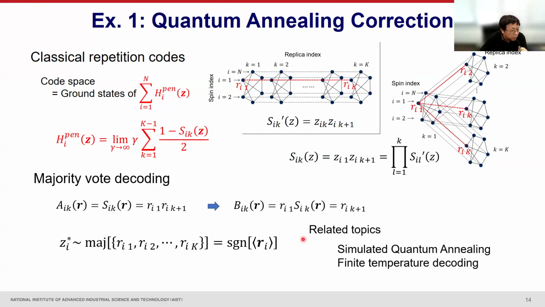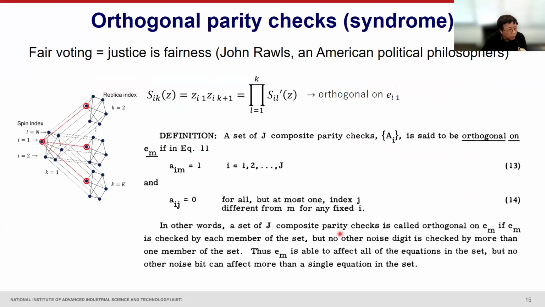The related topics, the simulated quantum annealing and the finite temperature decoding, use a similar scheme. Okay. This view graph explains why orthogonal syndrome pattern is useful in the majority vote decoding. To obtain the correct inference, we need to make a fair majority vote, not just a majority vote. I believe that the key point is that the fair voting is ensured by using orthogonal syndrome pattern.